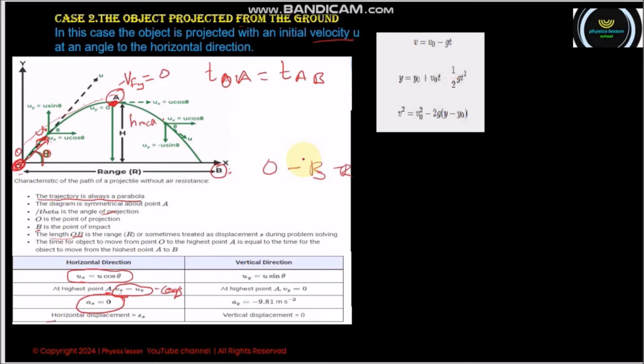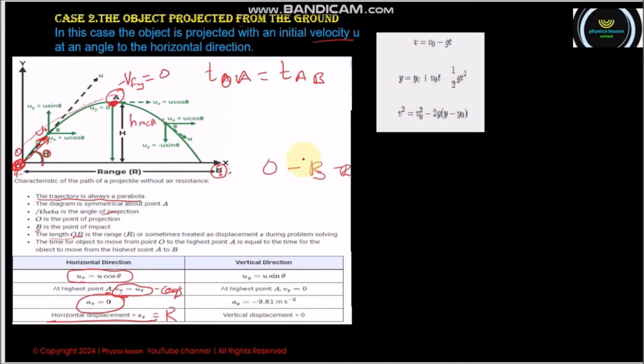Again, for the horizontal displacement, we have sx, or from this point to this point we can say r, or the range. For the vertical, we have the initial velocity and the final velocity.